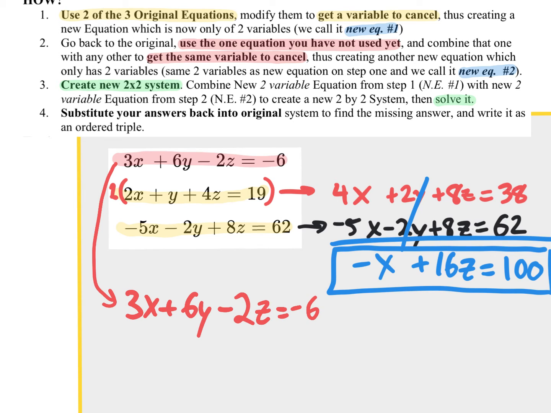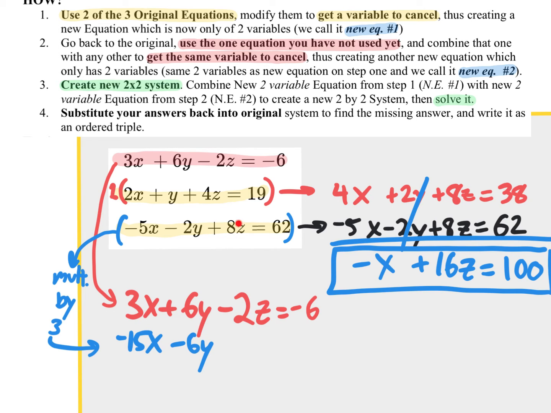Okay, and we said we're going to take the bottom one and we're going to multiply by what? By 3. That way we'll end up with, let's figure out, we got -5 times 3, that's -15x. We have -2y times 3 is -6y.